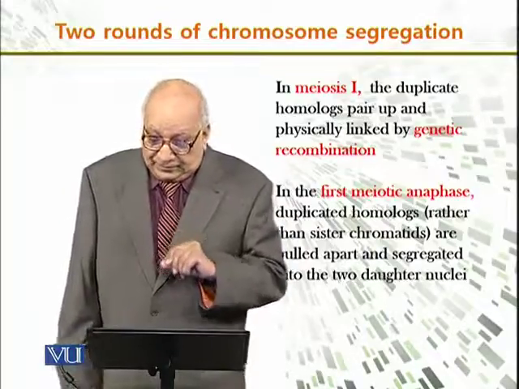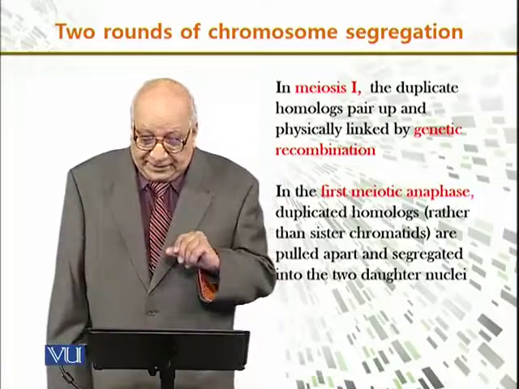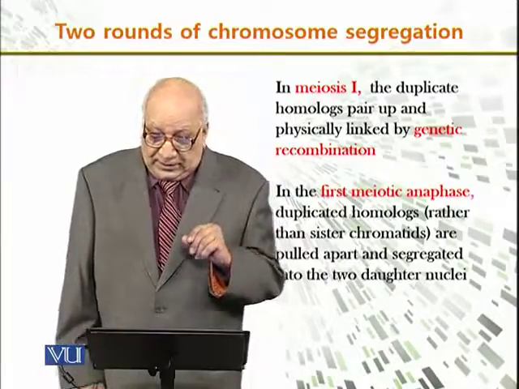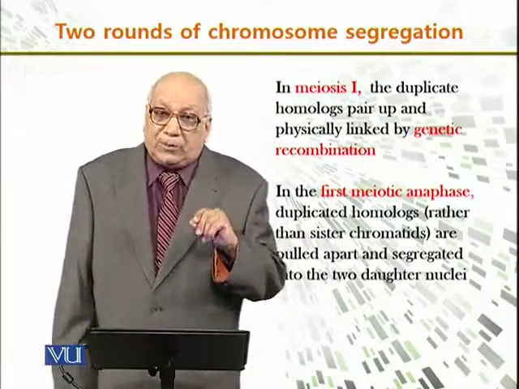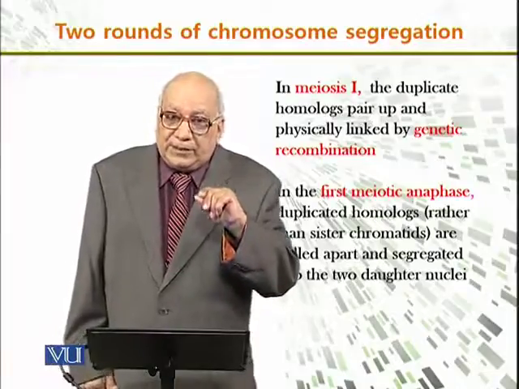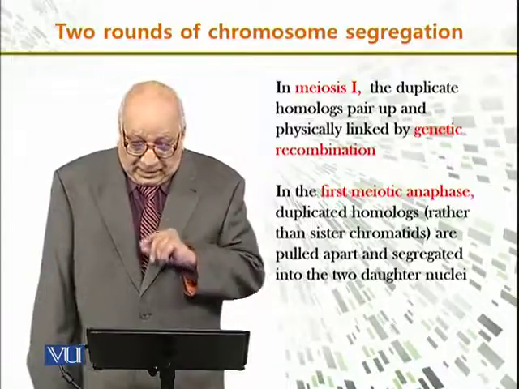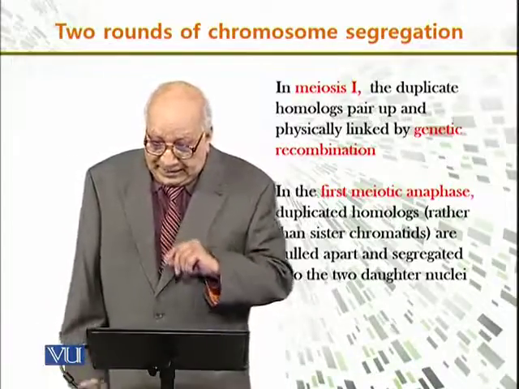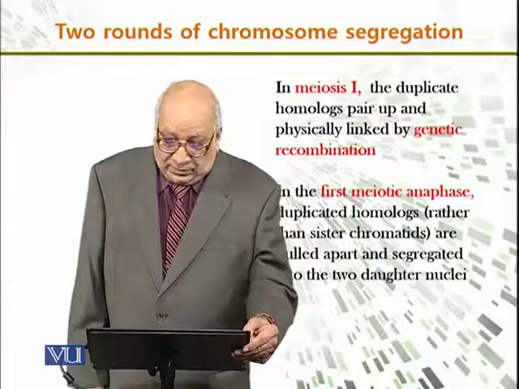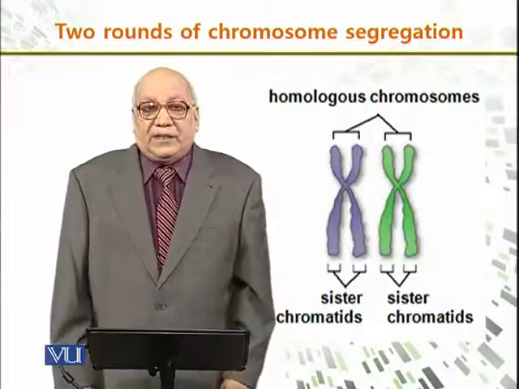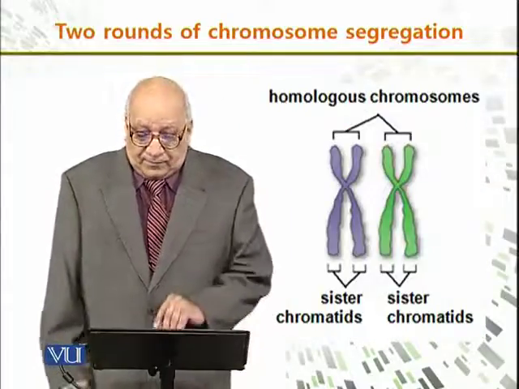In the first meiotic anaphase, duplicated homologs rather than sister chromatids, remember, duplicated homologs and sister chromatids have not yet separated, are pulled apart and segregated into 2 daughter cells, just as shown here.